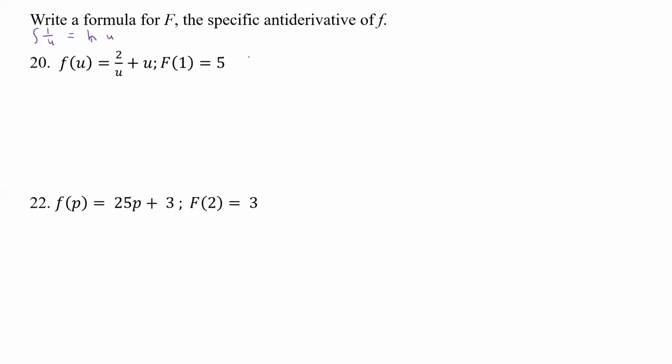Okay, so we're going to take the integral of 2 over u plus u du, which is equal to what? Well, that's going to be 2 ln u plus u squared over 2, and then plus our c, and that's equal to F of u.